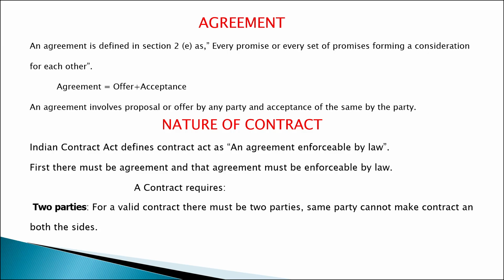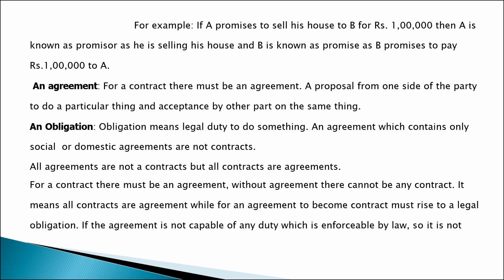Nature of contract. The Indian Contract Act defines contract as an agreement enforceable by law. First, there must be an agreement, and that agreement must be enforceable by law. A contract requires, first, two parties. For a valid contract, there must be two parties. The same party cannot make a contract on both sides.